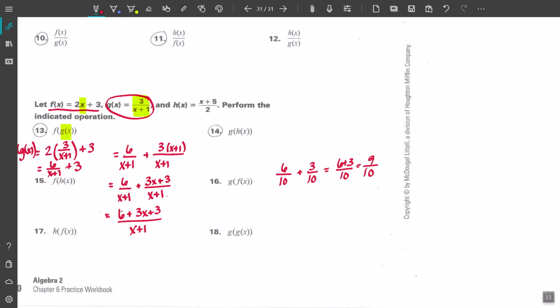So that's what I've done over here. It looks very odd because of the forms of these numbers we're using. And that right there is as simplified as we can get it. So that's your final answer.